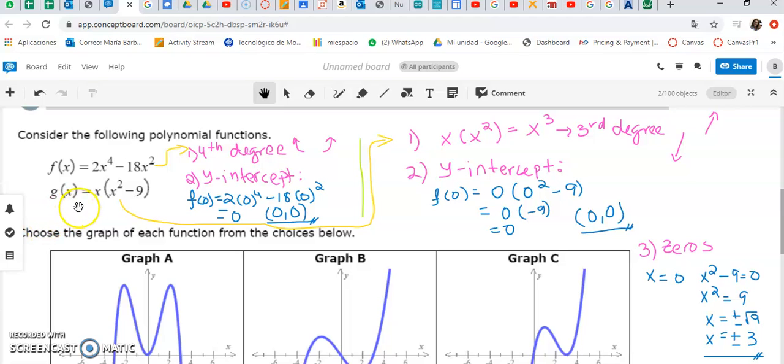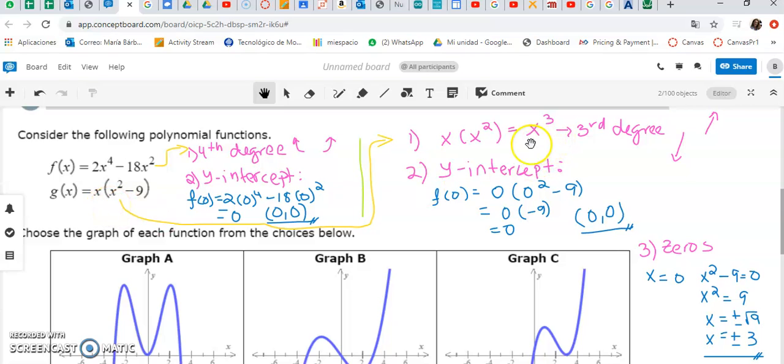Now let's see how we are going to identify the second one. We have g of x equals x times (x to the second minus 9). How are we going to know the degree of this one? Remember that we multiply this x times the x to the second inside the parentheses, and we get x to the third. And check the signs: positive times positive is positive.